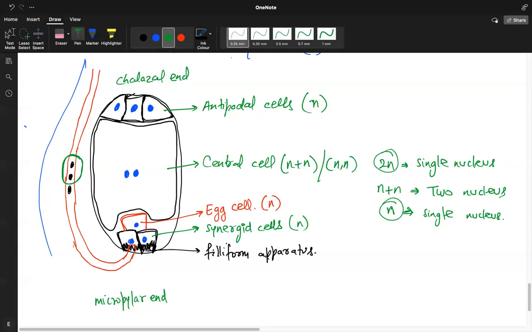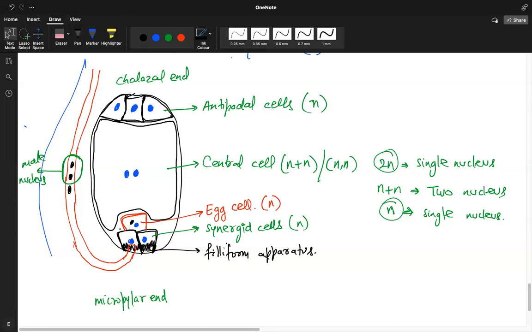When the tube enters into the filiform apparatus, these two trailing male nuclei are released into it. They go through the filiform apparatus. One enters the egg cell and fuses with it, and n plus n becomes 2n, and the egg cell becomes a zygote.